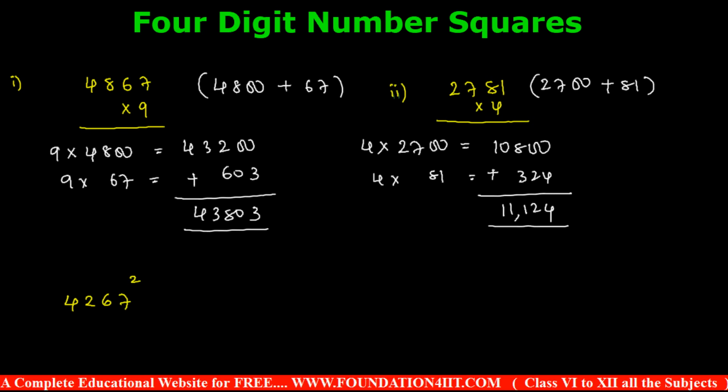To find the square of this number, the same concept applies as we did for 3-digit number squares. We'll take it in two parts: 267. We should take this minus 267 and plus 267, once adding and once subtracting. This is the same concept.